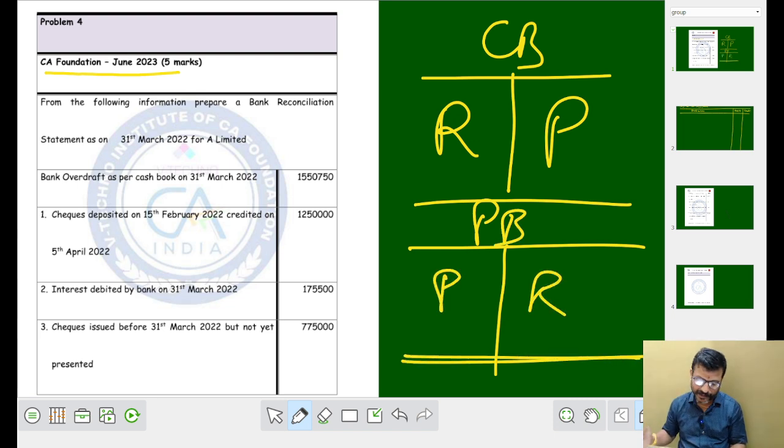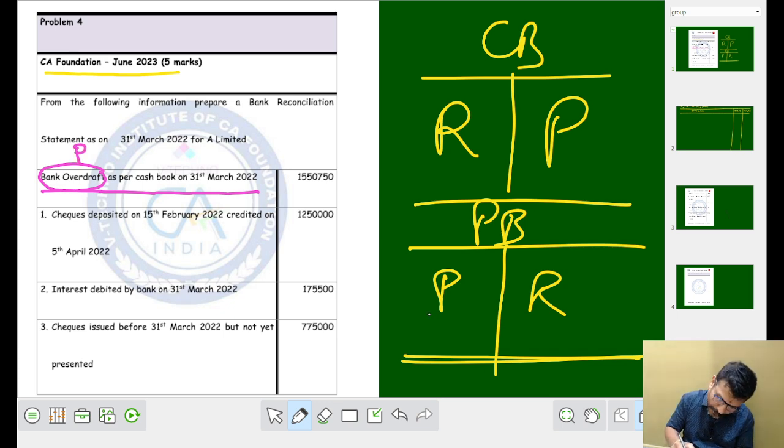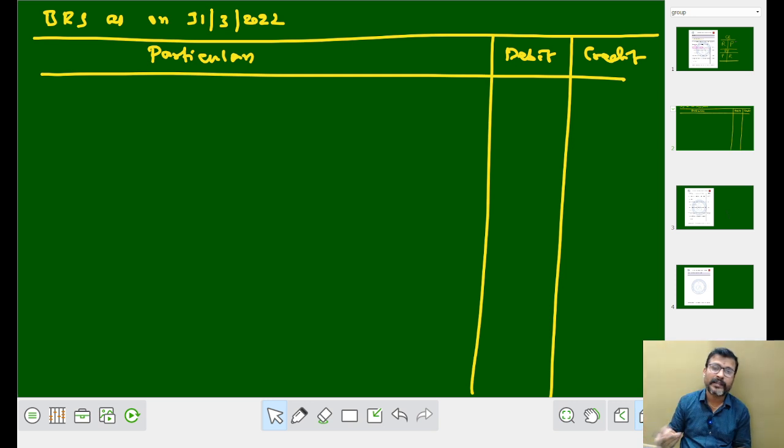See, my dear kids, here: bank overdraft as per the cash book. Overdraft means what? Payment. Payment in which book? Cash book. Payment in cash book means it comes in the credit side. As far as the first transaction is concerned, we have to write it on the same side.